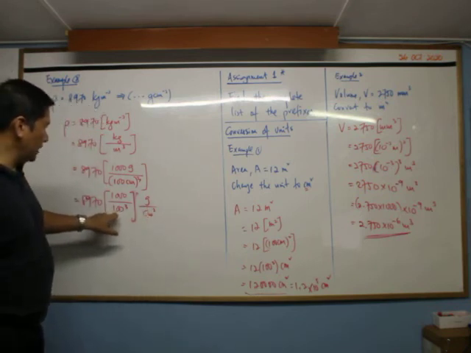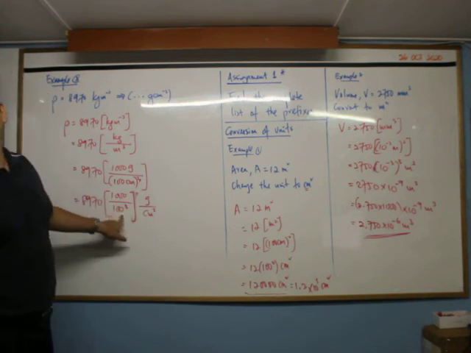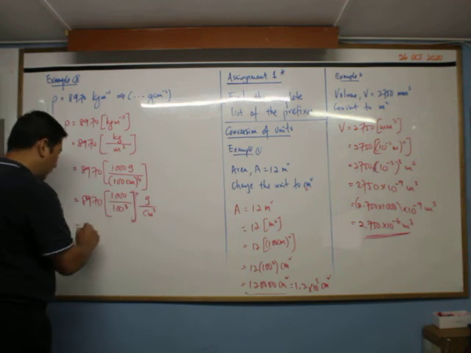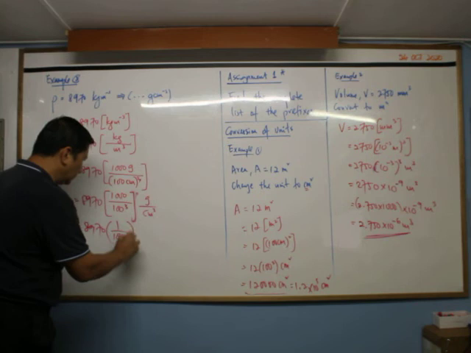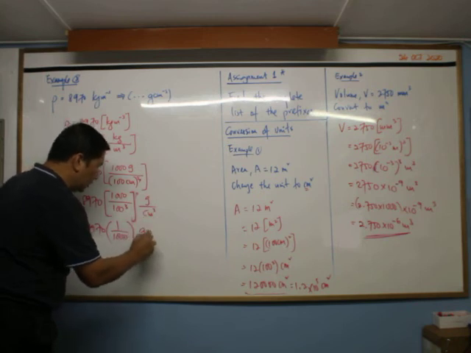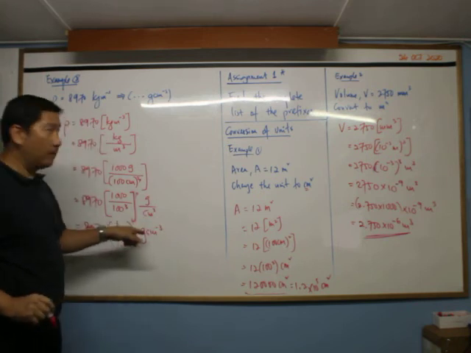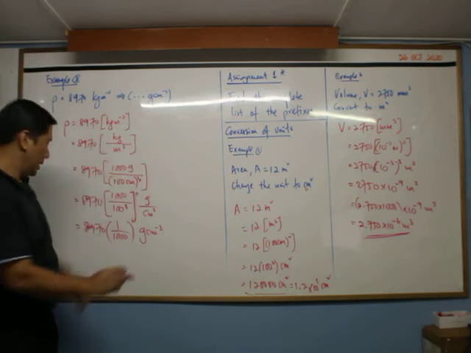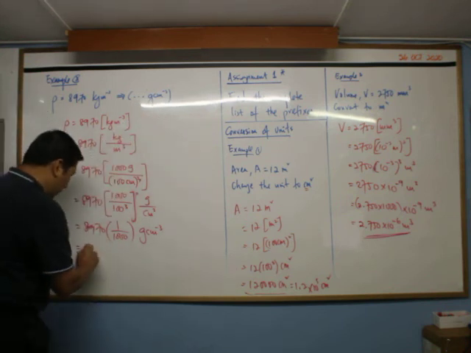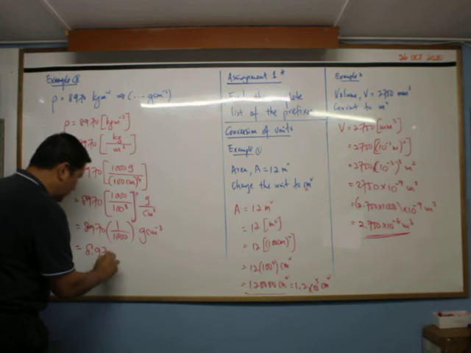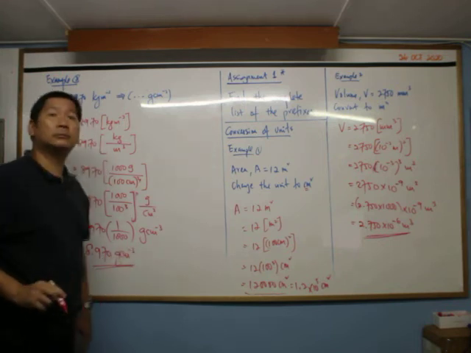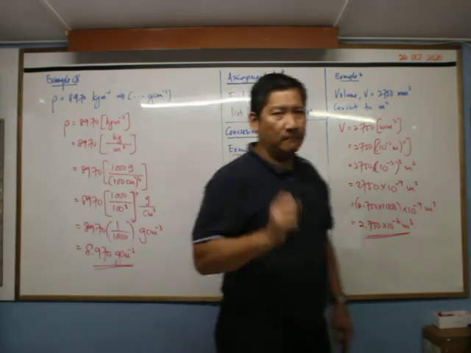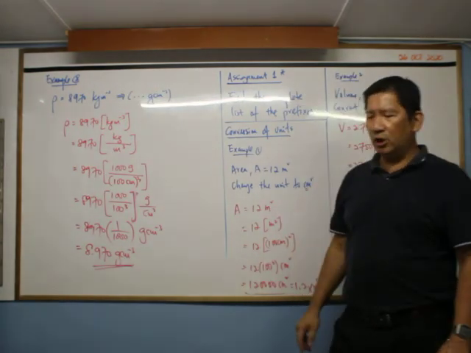So this one will become 1000 divided by 1 million, so you're going to have 1 over 1000. Now this unit is in the format they want. And 8970 divided by 1000 is 8.970 gram per cubic centimeter. So these are examples of more complicated conversion of units.